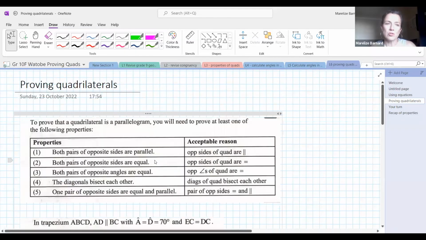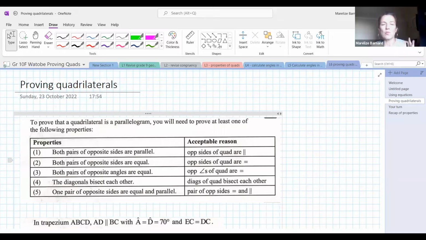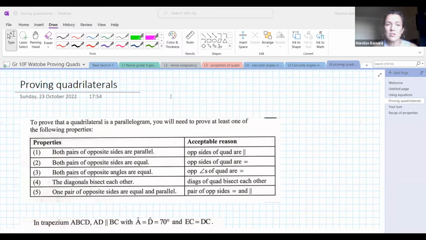Now, part of what you need to do is to prove that quadrilaterals are parallelograms, rectangles, squares, rhombi. Okay, so again, you need to really know your properties very well. But we're going to start off by just proving some parallelograms. Now, when you are proving something, it means that you have to take what is given and use other geometry to find the properties of that shape first.